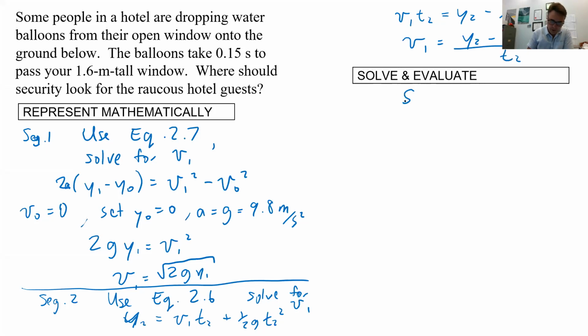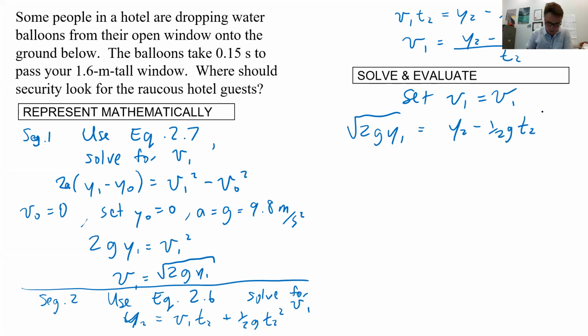And so then we're going to set V1, which we calculated from segment 1, equal to V1 from segment 2. So we're going to get the square root of 2 times G times Y1 equals Y2 minus 1/2 G T2 squared divided by T2. And then just solve it out for Y1, which is what we care about.